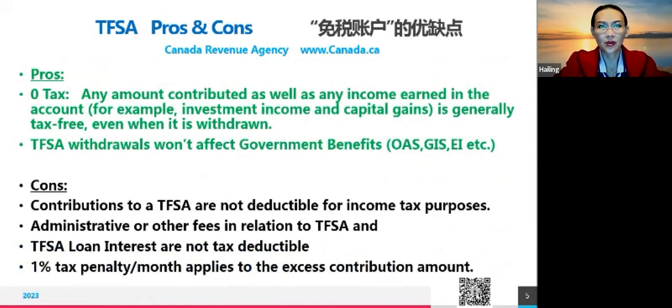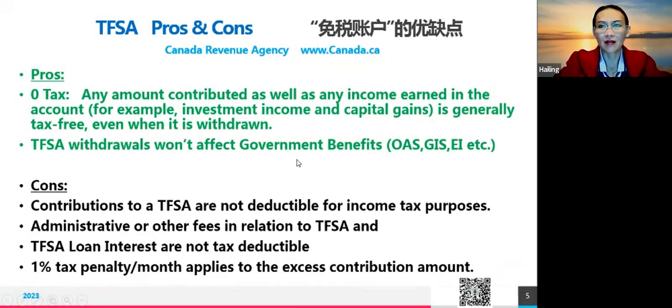So what are the pros and cons of this type of account? A tax-free savings account, as the name says, means zero tax. Any amount contributed, as well as income earned in the account, for example, investment income and capital gains, is generally tax-free, even when it is withdrawn.